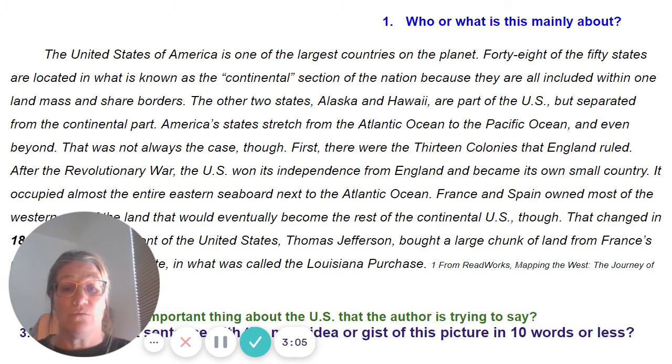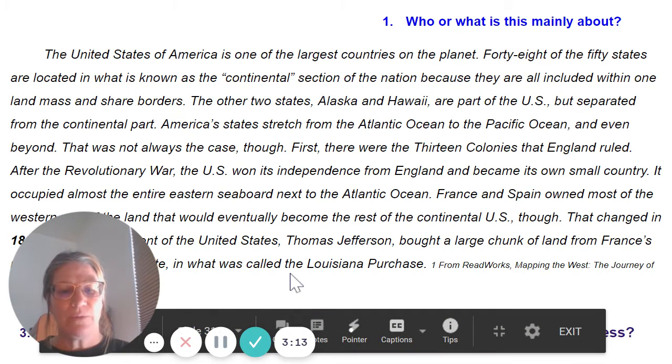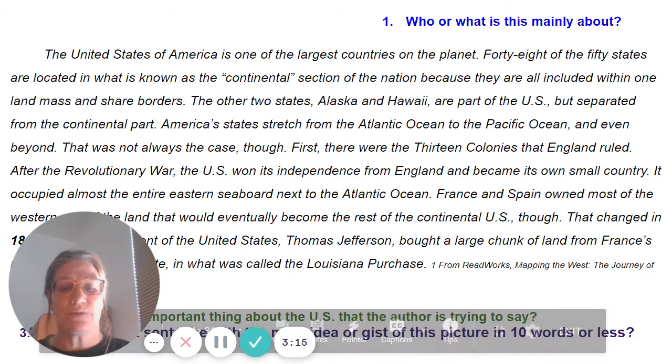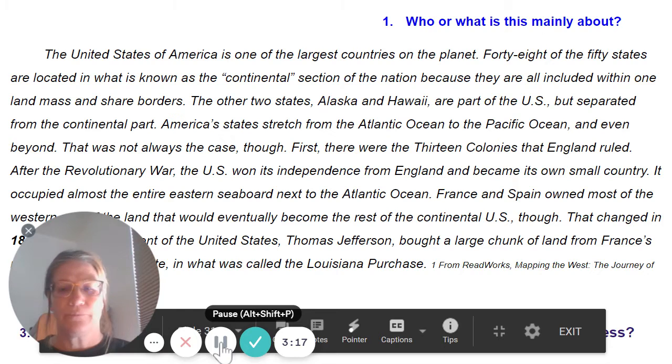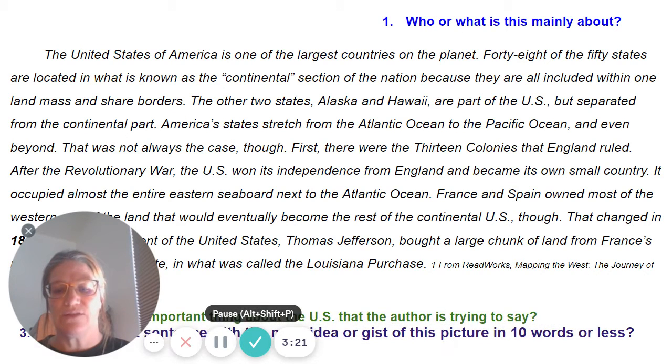First, there were the 13 colonies that England ruled. After the Revolutionary War, the US won its independence from England and became its own small country. It occupied almost the entire eastern seaboard next to the Atlantic Ocean. France and Spain owned most of the western part of the land that would eventually become the rest of the continental US, though.